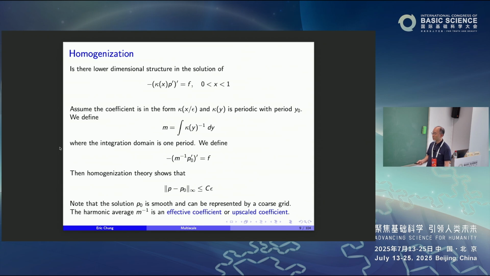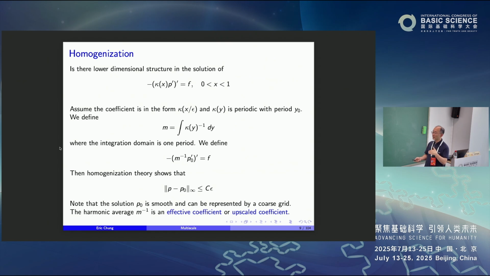So this solution, P0, will be a very smooth function. Classical analysis shows that the difference between the original solution and this homogenized solution is small, given that this period is very small. Here epsilon is the period of the periodic coefficient kappa.